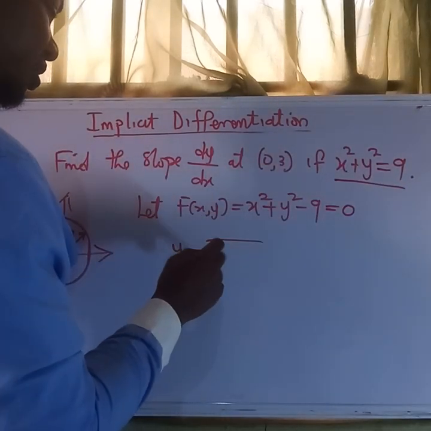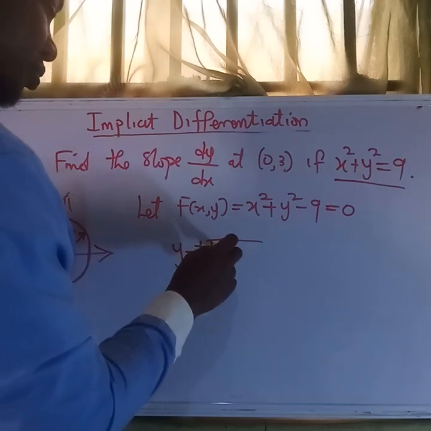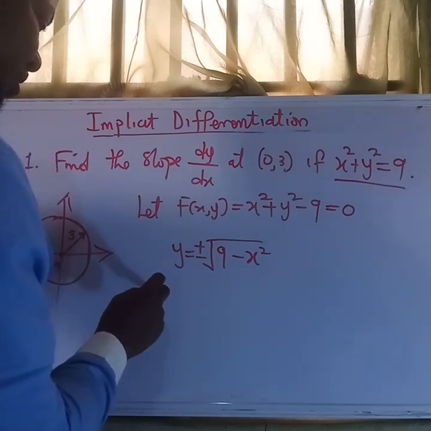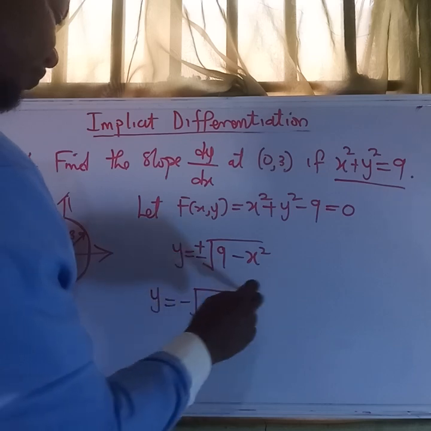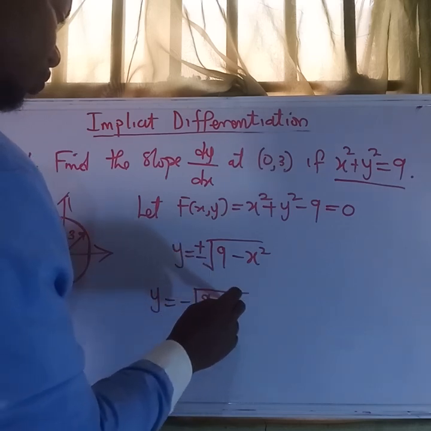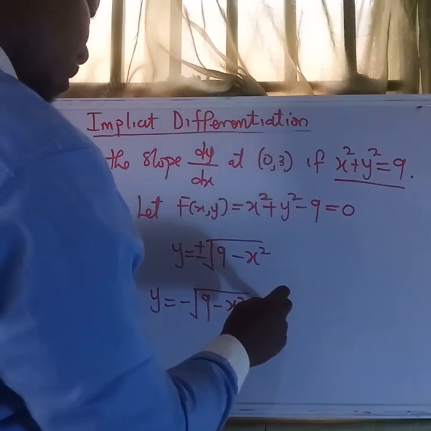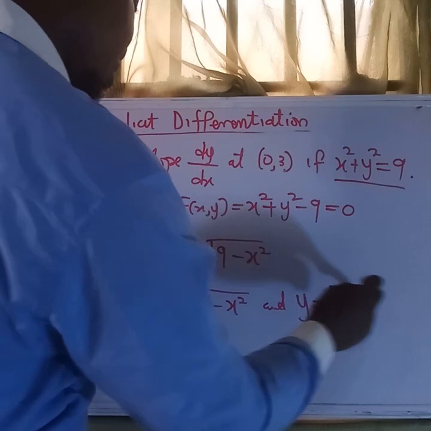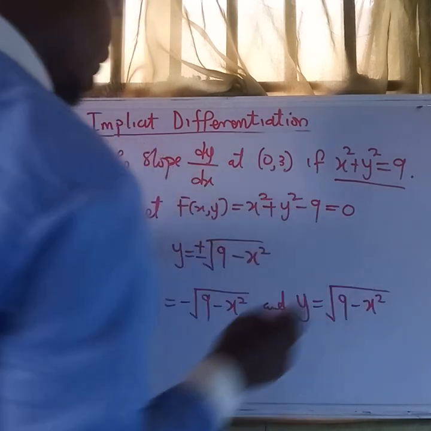So the first y we get is y equals negative square root of 9 minus x squared, and the second will be positive square root of 9 minus x squared.